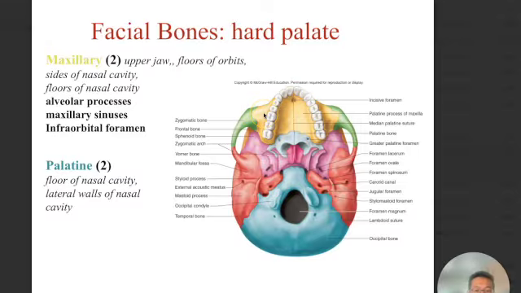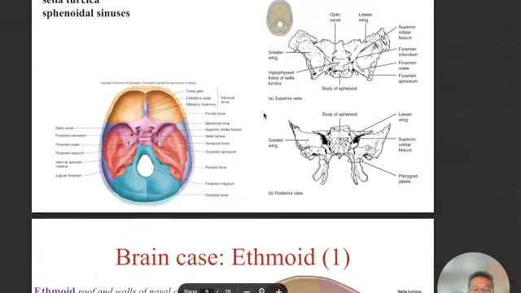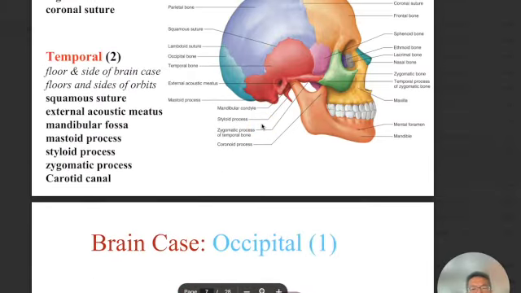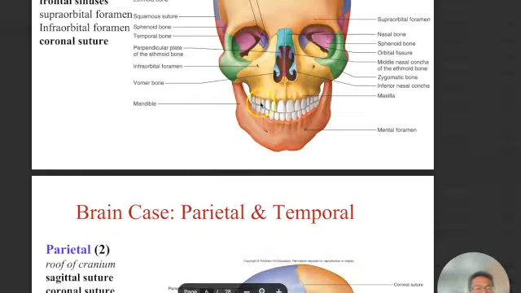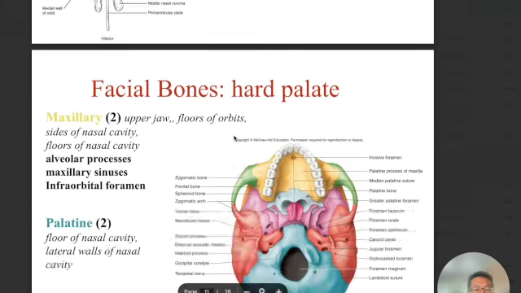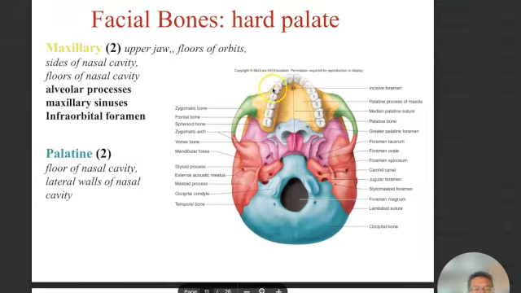Maxillary sinus, we saw those. This one, there is the inferior orbital foramen, which you can't see here. And the sinuses are inside.